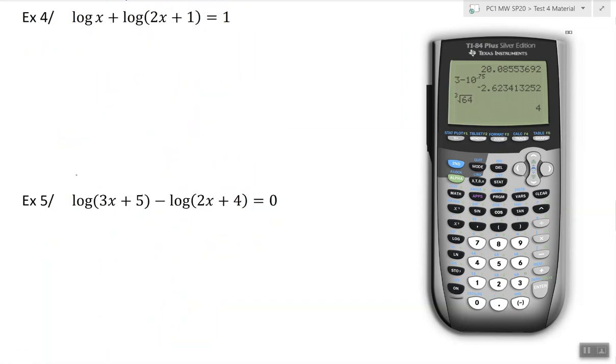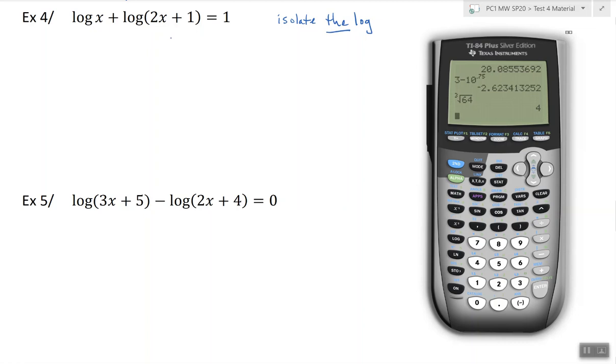On example 4, we have 2 logarithmic expressions and equals 1. Well, we've always said that we need to isolate the log. The log means we have 1 log, but we have 2 logs in this equation. So how would we get those logs to be 1 log?